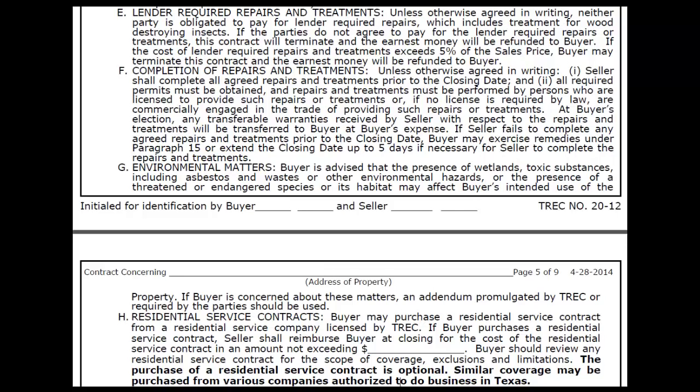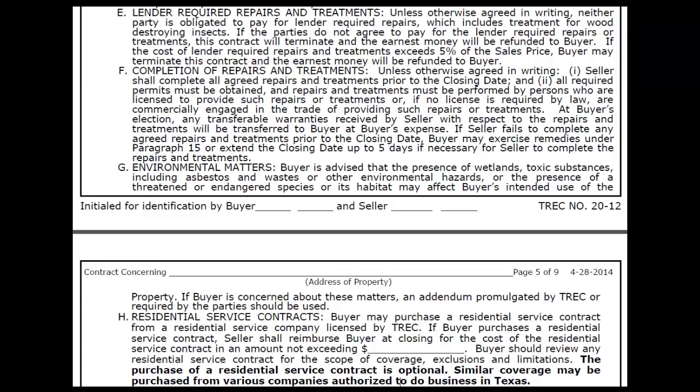But I can tell you, having represented buyers before in a situation like this, sometimes when the cost of repairs exceeds a certain amount, it really can freak out the buyer, and the buyer says, no, there are too many repairs that need to be made here, and I'm not interested in pursuing a house that has had that many repairs needed. It makes me think there could be something else. So what that's saying is, even if the seller's willing to repair it, if the cost of those repairs exceeds 5%, the buyer can still back out and receive the earnest money.